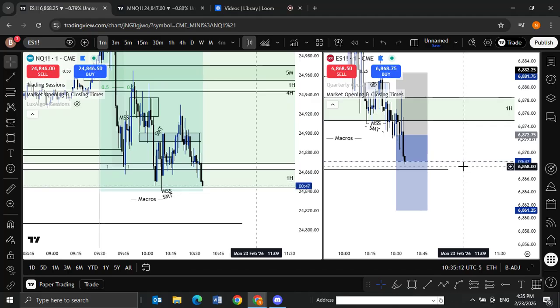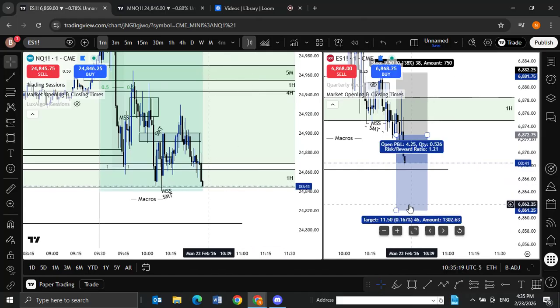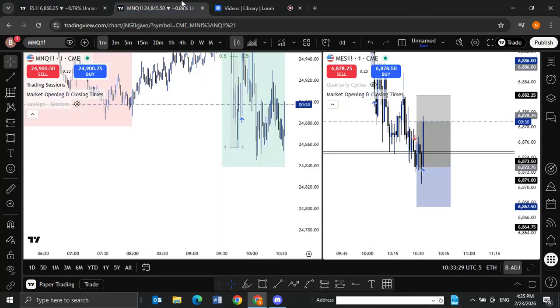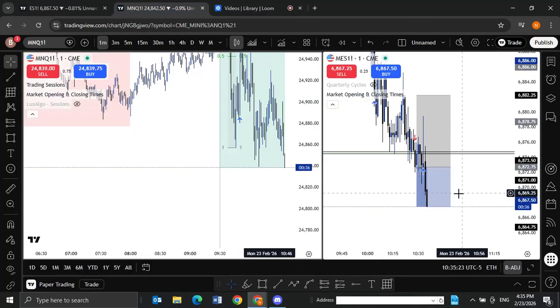I like this engulfing candle, honestly. Let's see here. Yeah, it's delivered.